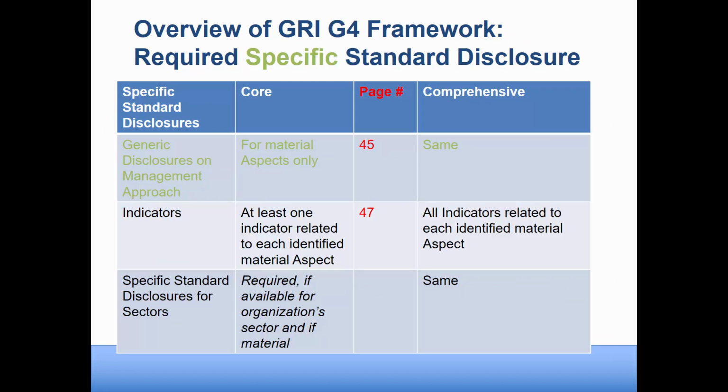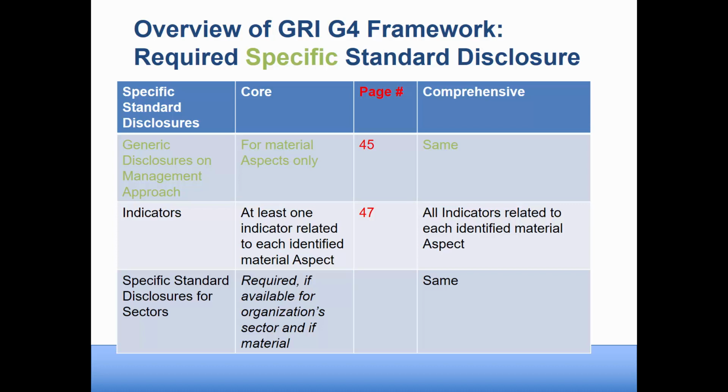Then that next set, in number 4 on our little piece of paper, specific standard disclosures. This is where you get into, I have identified the material aspects that are important to my company. I'm UPS, it's pretty important to report how many millions of miles a year I drive, because that's directly connected with my greenhouse gas emissions.